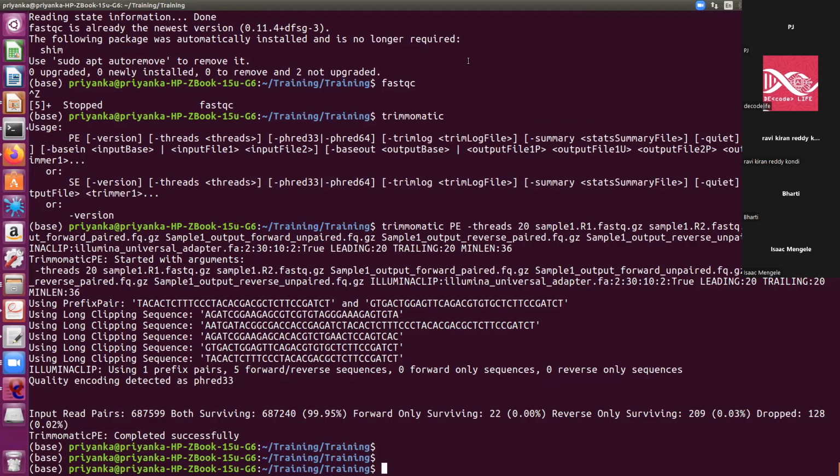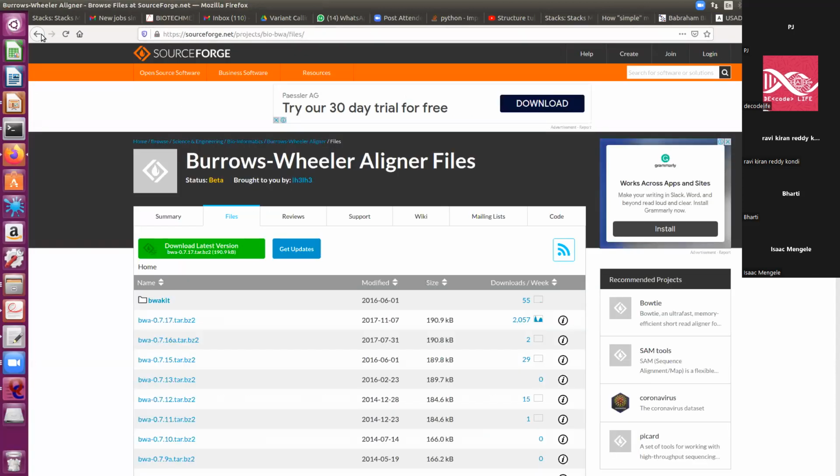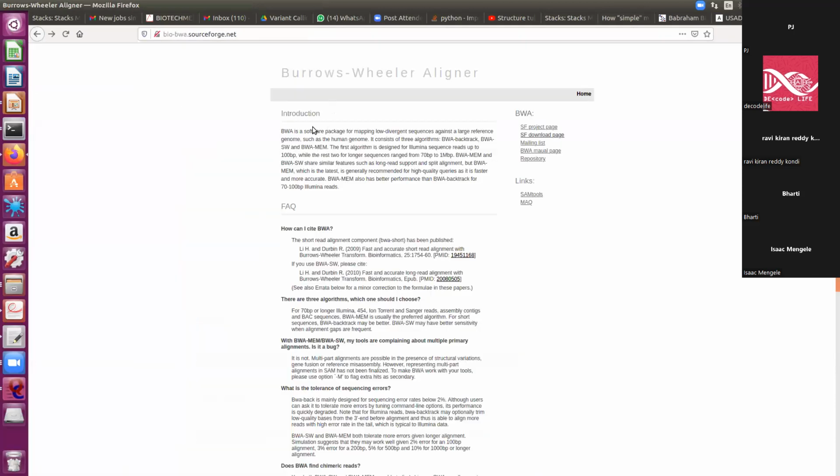In the next step, we have to install the software BWA, which is an aligner. BWA, the Burrow-Wheeler Aligner, is very popular, and we will use it here for aligning our sequences to our reference genome. I will give you the link of the software again.